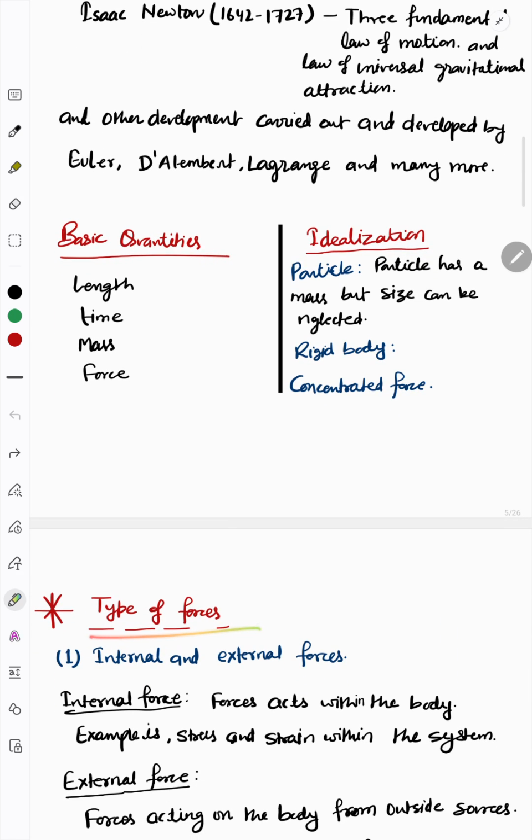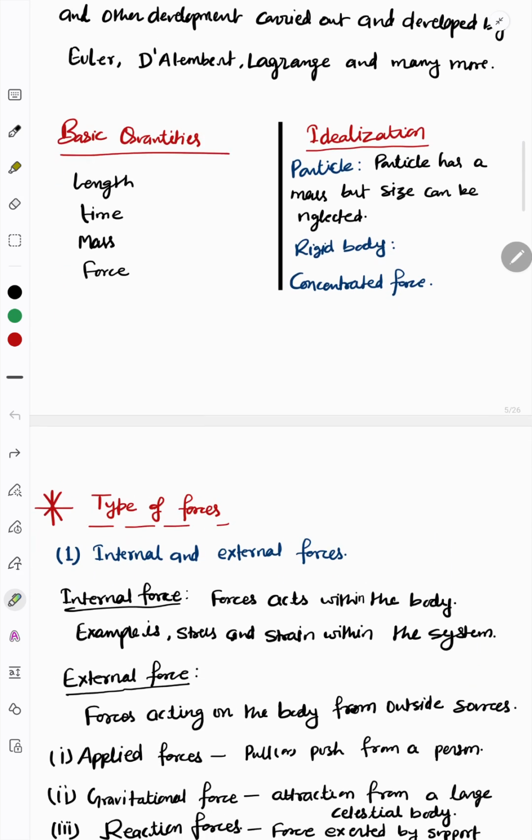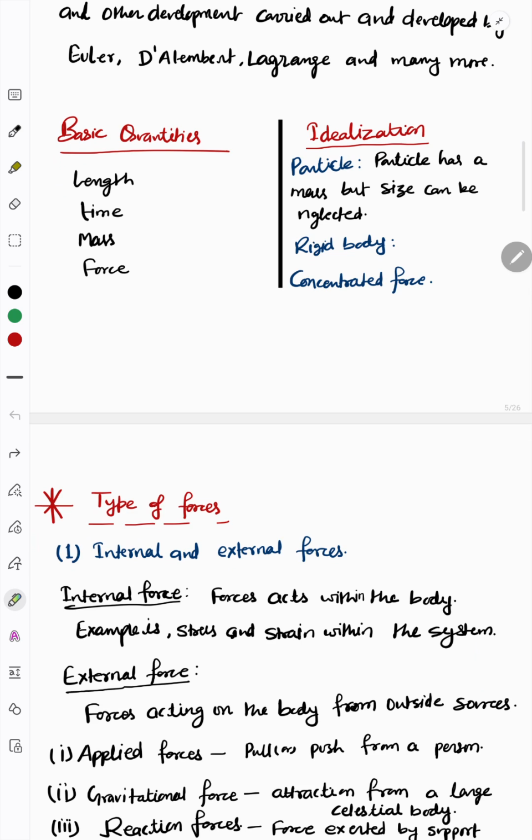Then types of forces. Here the different types of forces we have taken: internal and external forces. Internal forces are forces acting within the body. Simple examples we can take are stress and strain. So this is a very good example. While force is applied on any object, whatever reactive forces appear within that object are internal forces.